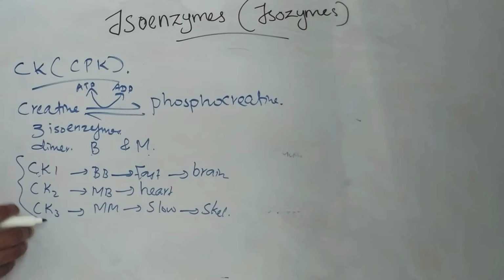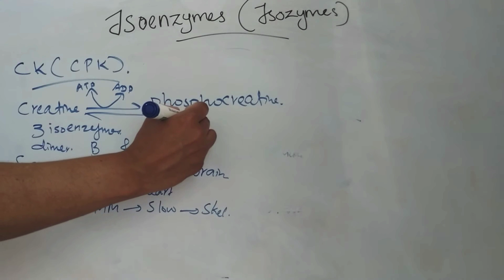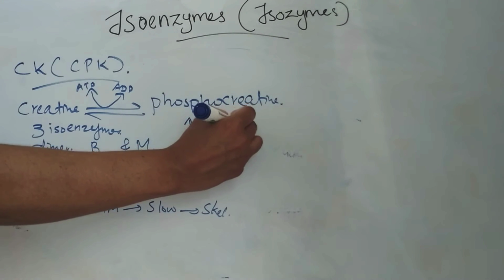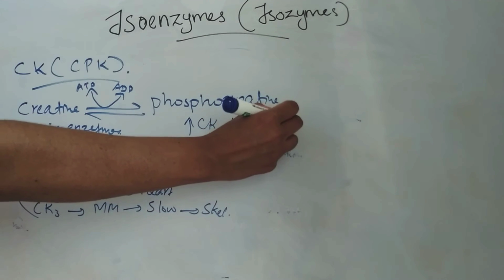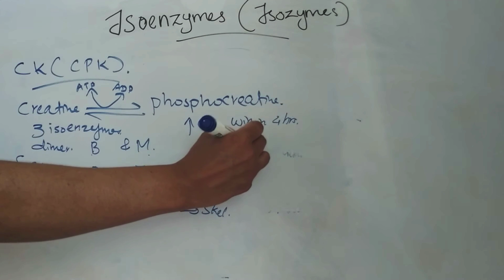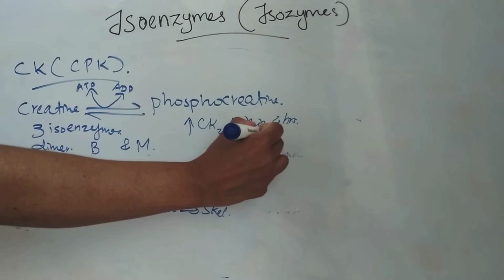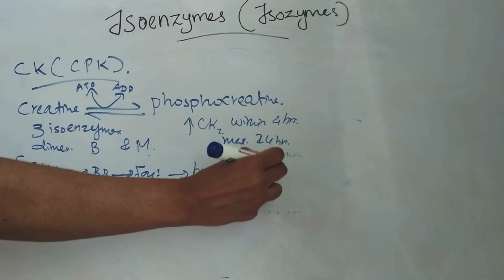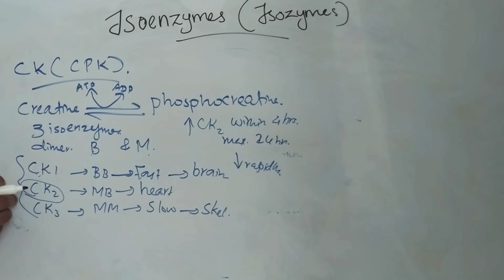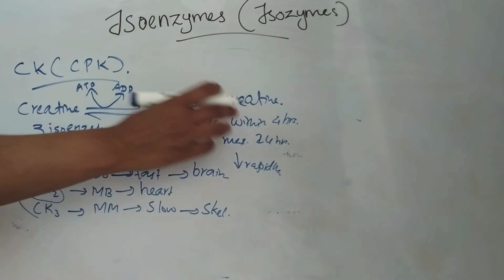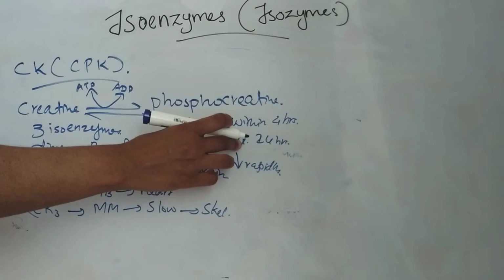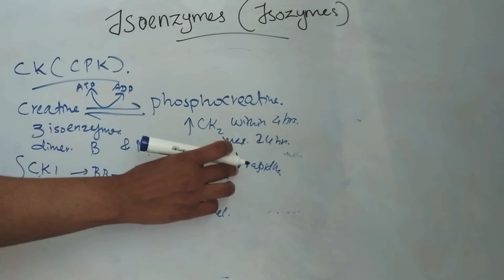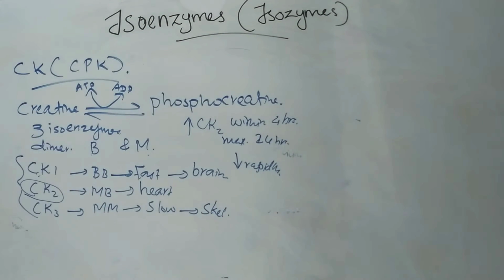In myocardial infarction, there is an increase in CK2 within 4 hours, maximum in 24 hours, and then it falls rapidly.